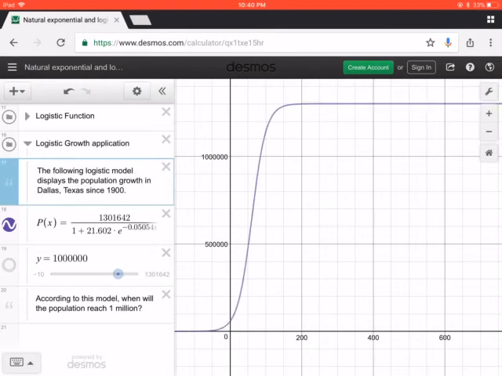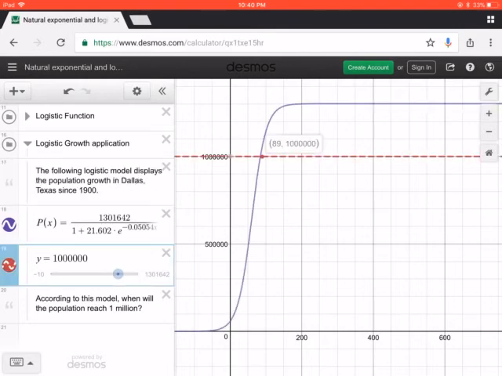So I'm plotting these two because we do not, at this moment, know of any algebraic way of solving this situation, so we're going to have to use a graph. So I plotted our population function, I plotted y equals 1 million, and our intersection is going to yield for us the solution.